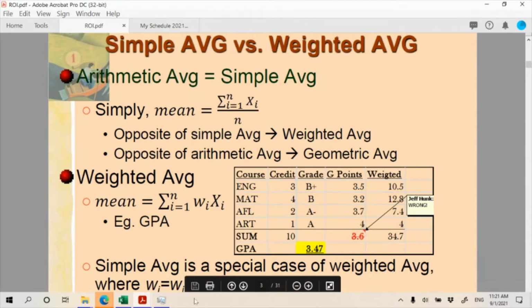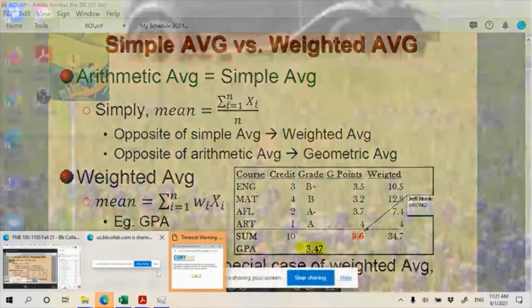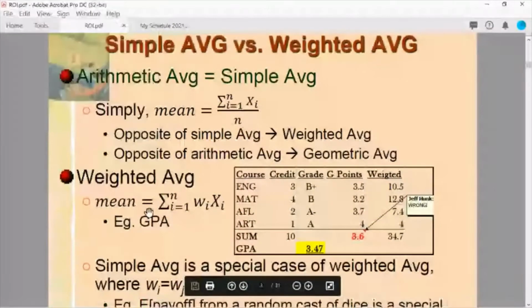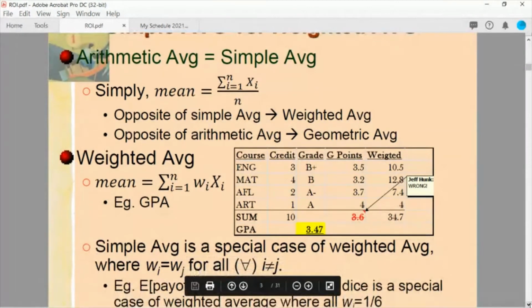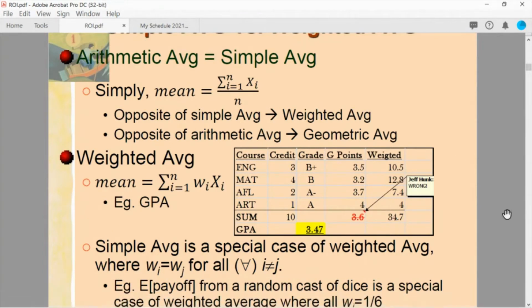Then what is weighted average? A good example of weighted average is your GPA. And I already did this in the main lecture video, so I'm not going to go over this.